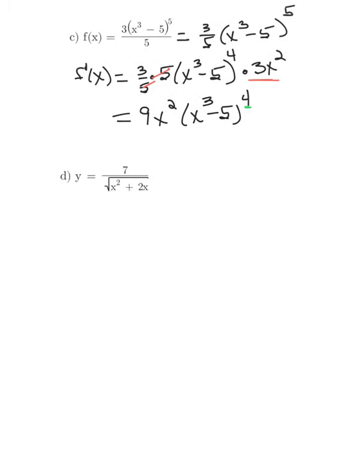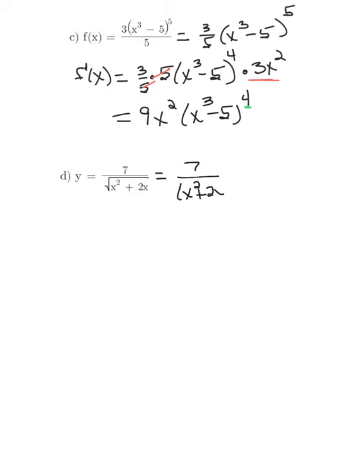On example D, we have y equals 7 over the square root of x squared plus 2x. There's a couple things that we have to do here before we can do the derivative. First, we have to recognize that the square root is a 1/2 power.